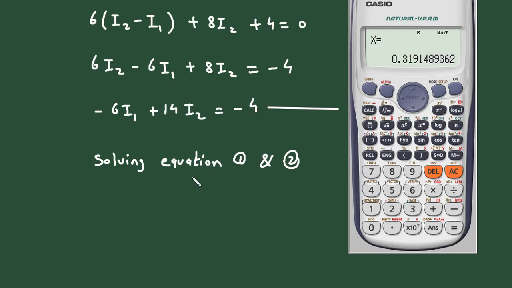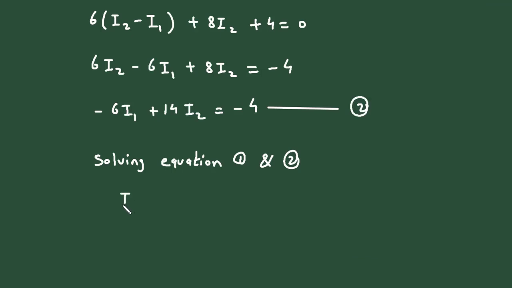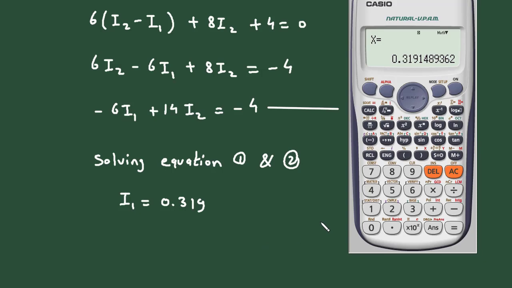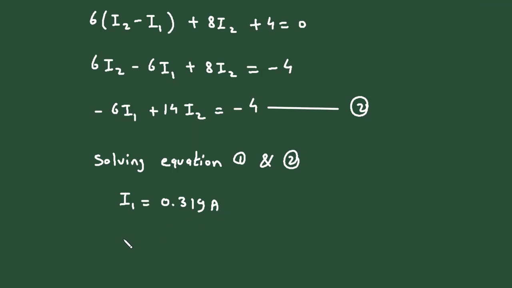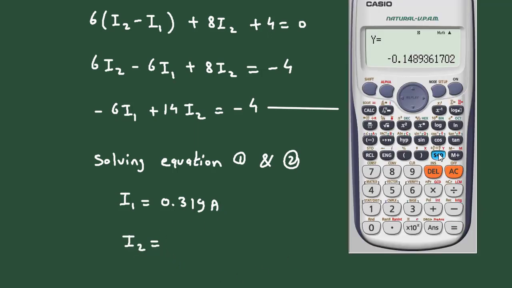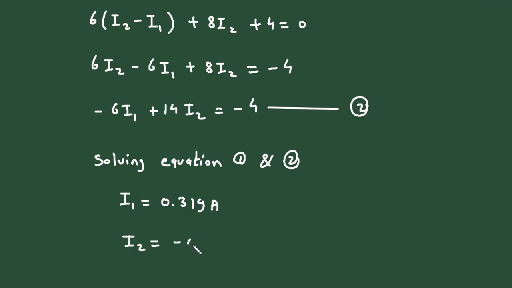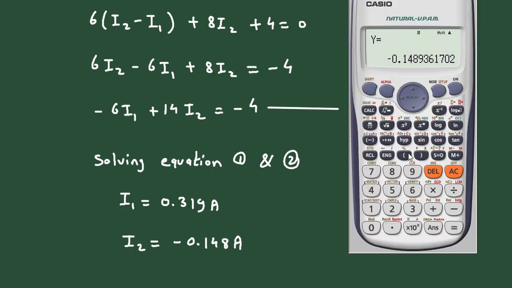So I1 is equal to 0.319 ampere, and I2 is equal to minus 0.148 ampere.